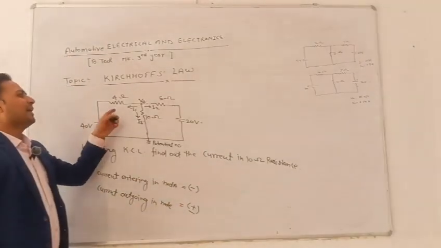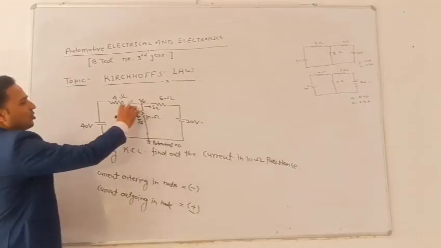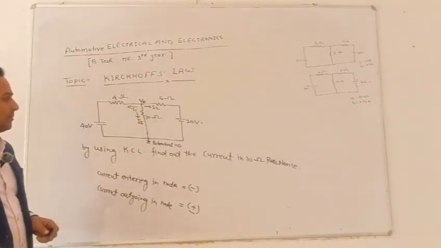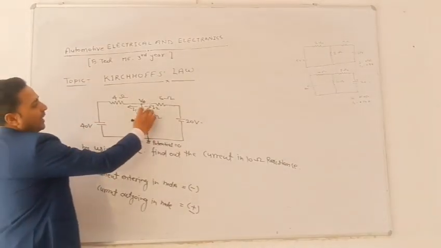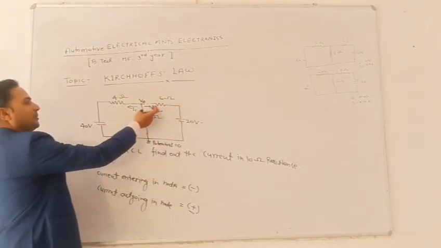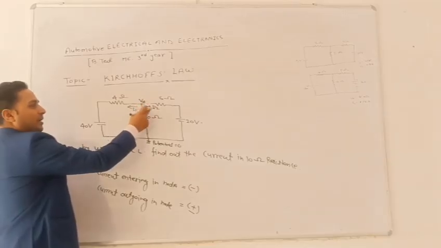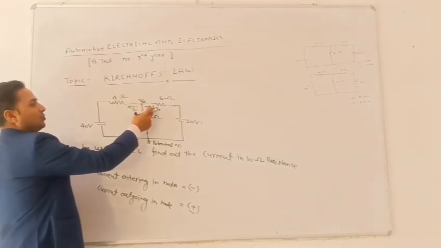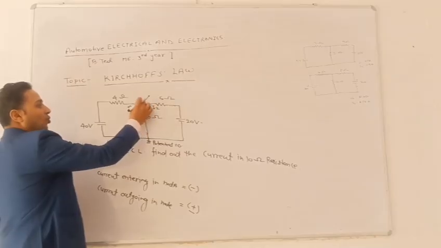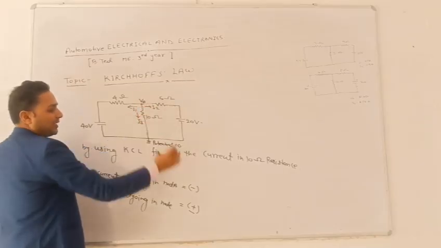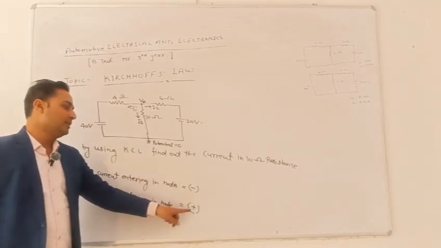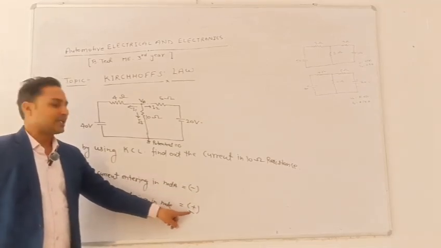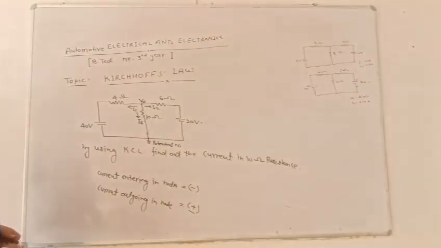If we take any direction of the current, the answer will be the same. You can take any direction of the current. If you take the direction of I2 entering the node, the sign will be negative. This is the basic fundamental of the positive and negative sign of current.